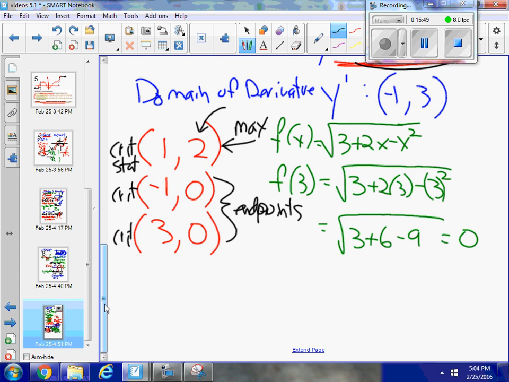Well, if you recall, endpoints, almost by definition, not quite, are going to be some kind of maximum or minimum. Because if I have a function, I don't know what this particular function looks like, but let's just draw a function like that. This is an endpoint, that's an endpoint, and the definition of a maximum or minimum on the interior says that all the points to either side of a maximum or minimum have to be greater than or less than that particular point.